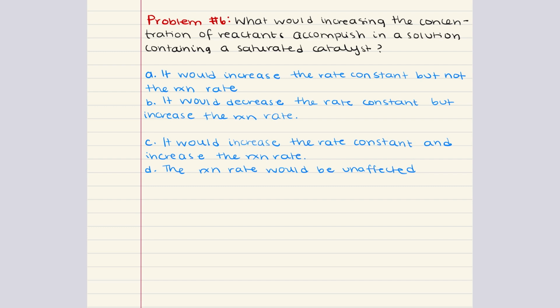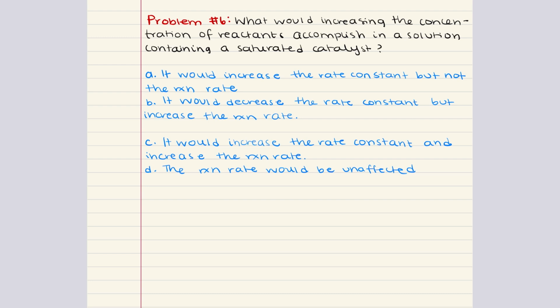Now, there's also a mention of increasing rate constant versus reaction rate, so let's briefly go over that as well. Remember, your rate constant k is a proportionality constant in the rate law, and it's specific to a given reaction at a particular temperature.